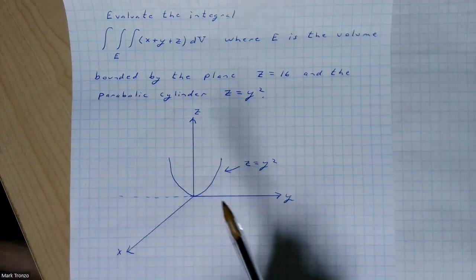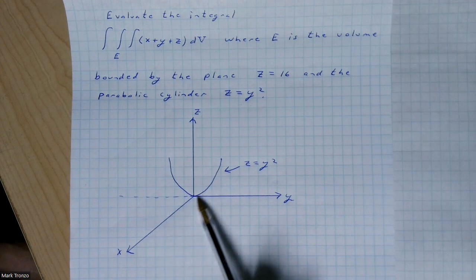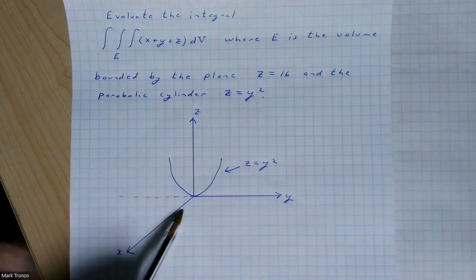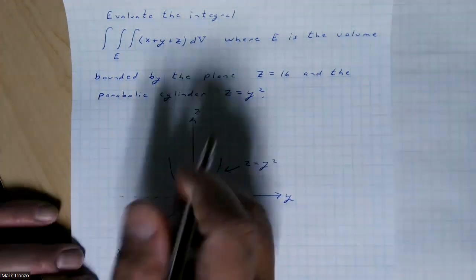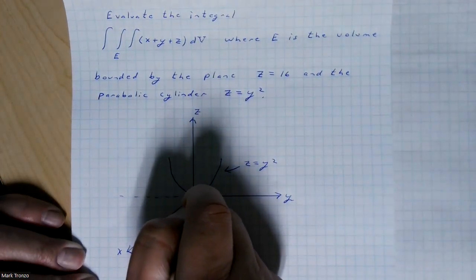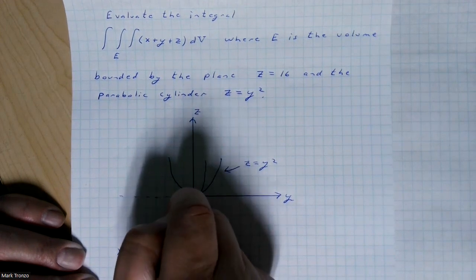So that means we're going to have one of these parabolas for every value of x. So you can just keep repeating that all along the x-axis, so you'll have another parabola, maybe something like this.